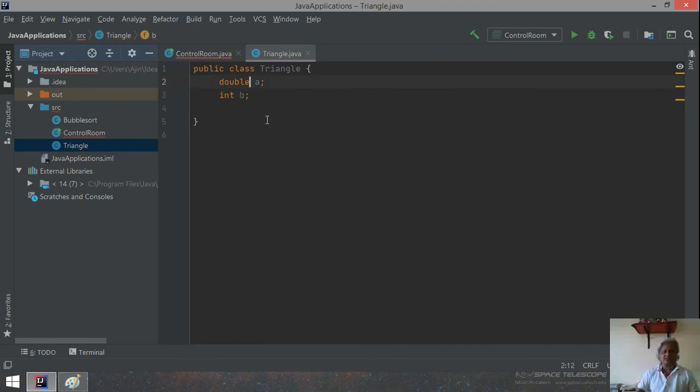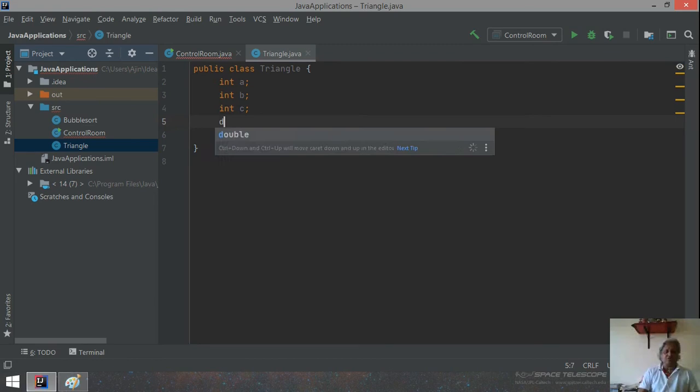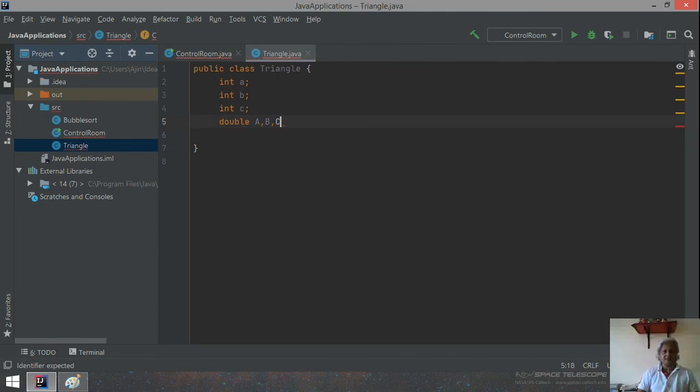Why? Just let's check. A programmer should always experiment. So int A, int B, int C, and you can also convert the angles to doubles like double A, B and C. So we have taken 3 angles, but we have only 2 sides and 1 angle.